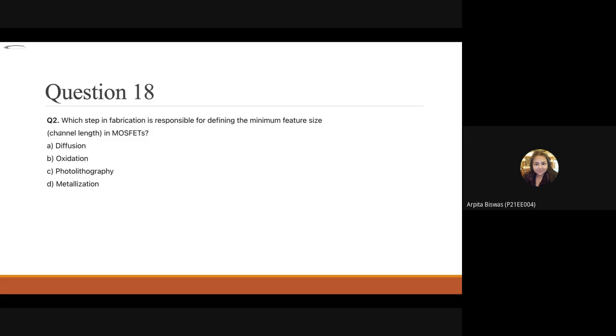Which step of fabrication is responsible for defining the minimum feature size, channel length in MOSFET? Diffusion, oxidation, photolithography, or metallization? Option C, ma'am. Yes, photolithography.